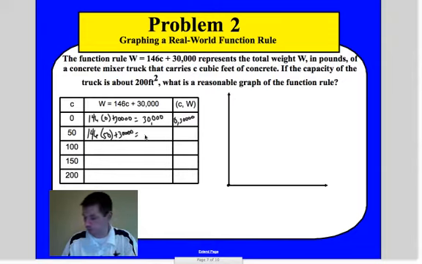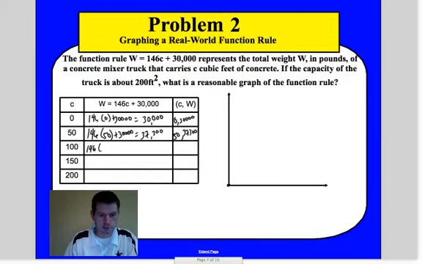and this one we get, so work that out, we get 37,300. So we write that down. We had (50, 37,300), and then we take 146 and plug in 100 for the C, plus the 30,000.